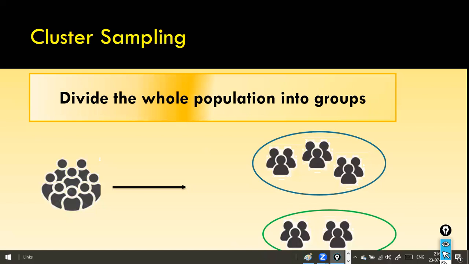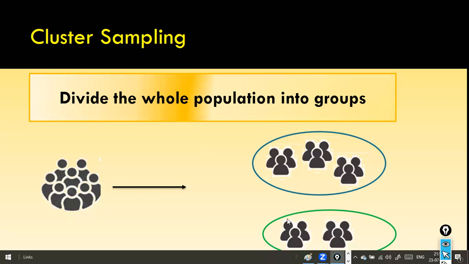Instead of selecting individual students from all schools, we randomly select a few schools, or clusters, from different regions in the city. Say this is Mylapore, and this is Adyar. Then you collect data from all students within the selected schools to represent the entire population.